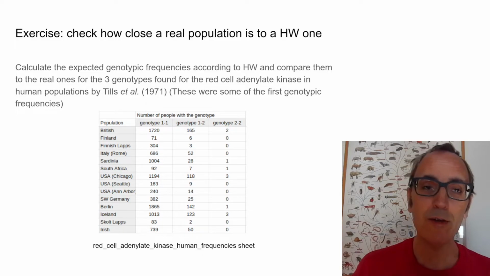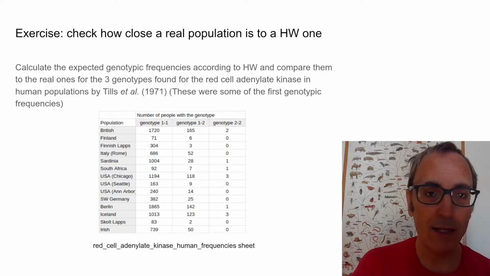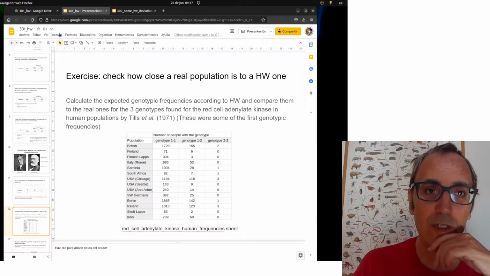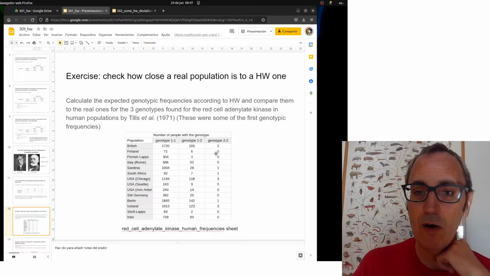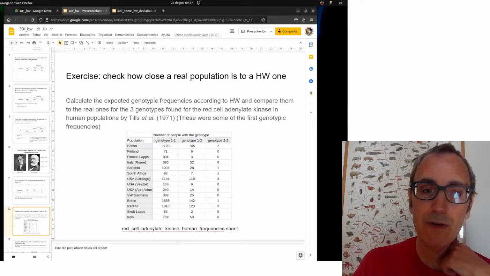One thing that you can do, I have added an exercise in which you have the frequencies of 3 genotypes. This is a classic paper published in 1971. It's one of the first papers in which we had genotypic frequencies.